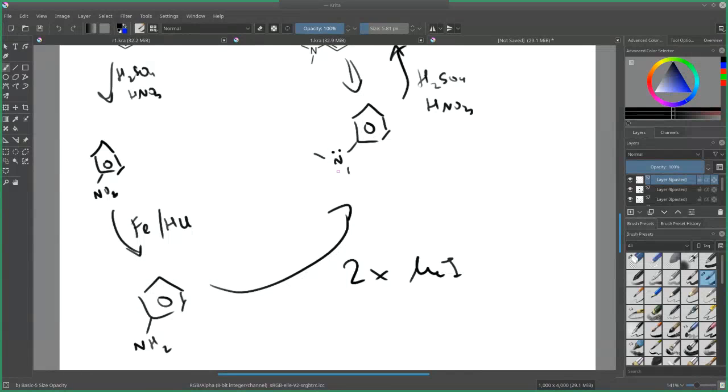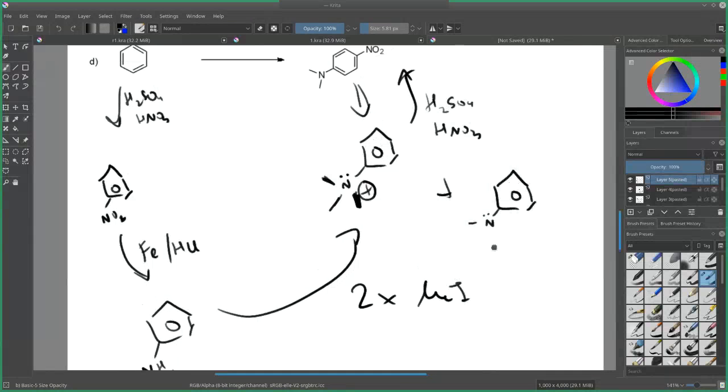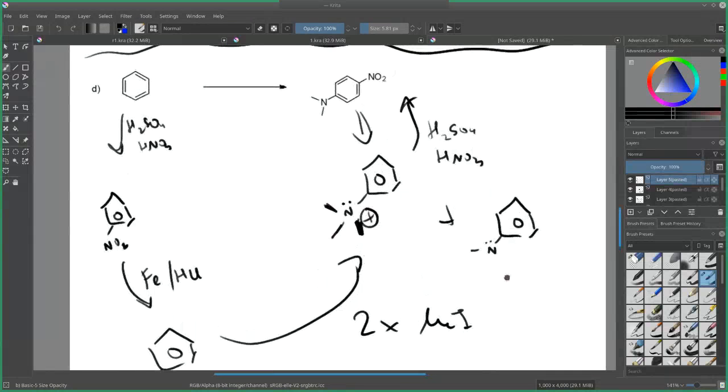So you wouldn't form the dimethylated product. You would really form a bunch of this with the trimethyl. That's a positive charge. And then you'd form some amount of, you know, whatever's left over. So it's not going to work out too well.